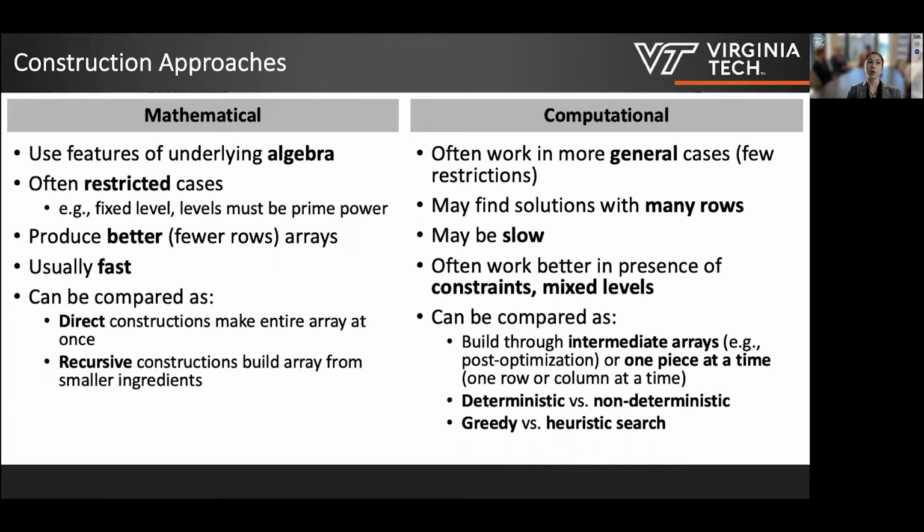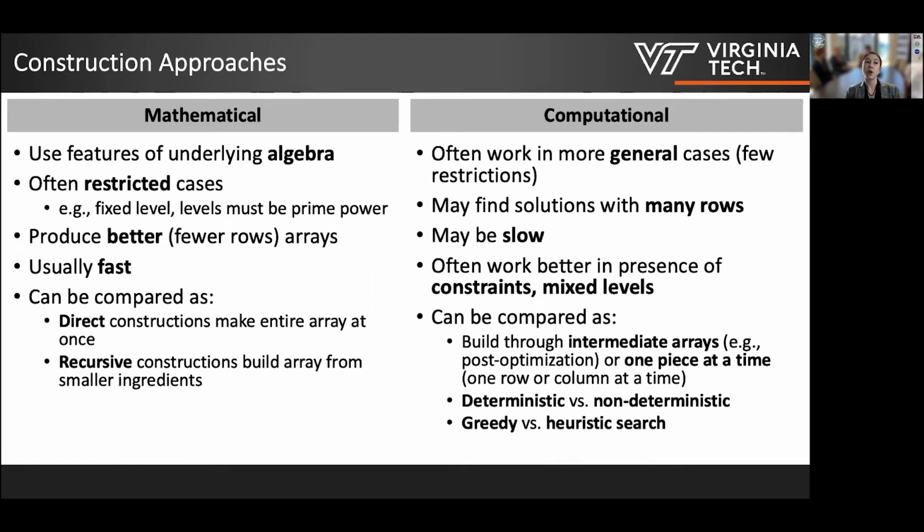They typically work better in the presence of constraints, and many of them are generalizable to mixed levels. They can be compared against each other as building through some intermediate arrays, like a post-optimization approach. We'll take a candidate array and then do some optimization on the candidate in order to reduce it to a smaller and smaller array.